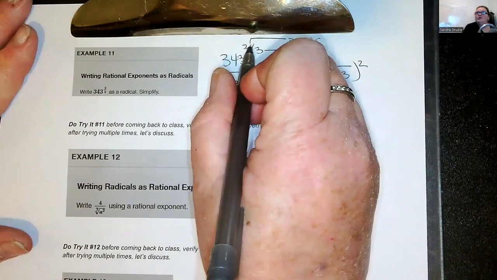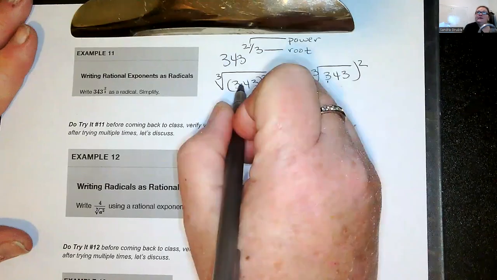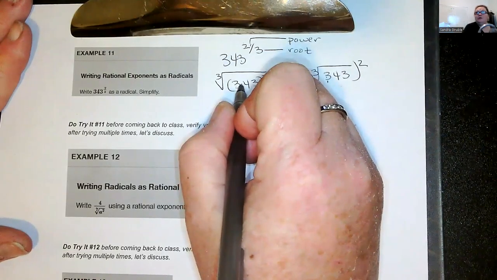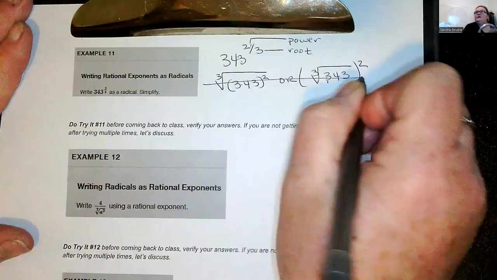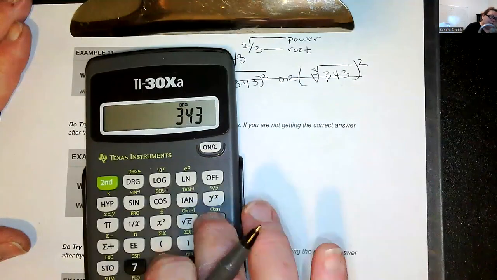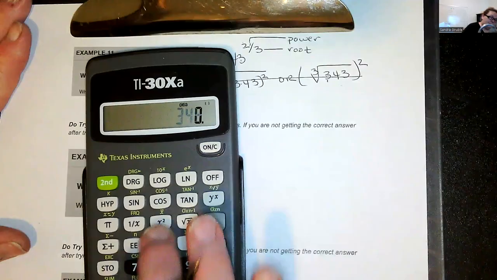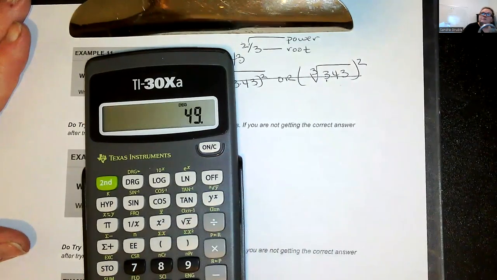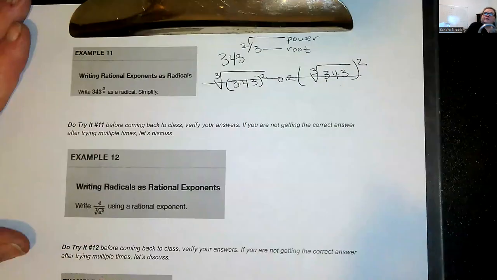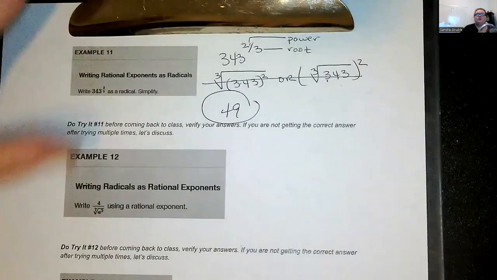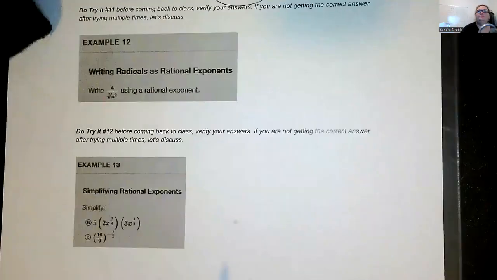Okay, then you're not actually having to write it like this. And being the fact that this isn't going to be on your exam, this is just an understanding of how to utilize this. You don't even need to do this. What you need to do in your calculator is 343, raise it to the power, open parenthesis, 2/3, close your parenthesis, and equals. And the answer is 49. That's all you have to do. Okay, utilize your calculator given the opportunity.